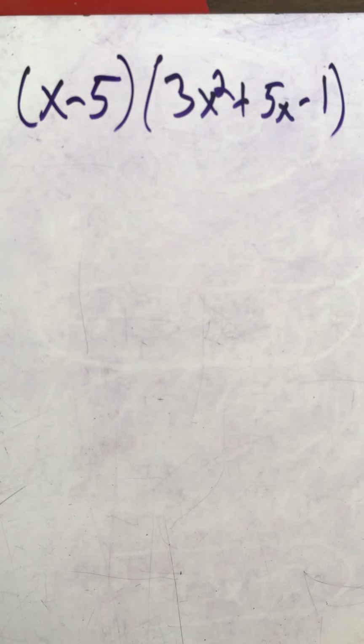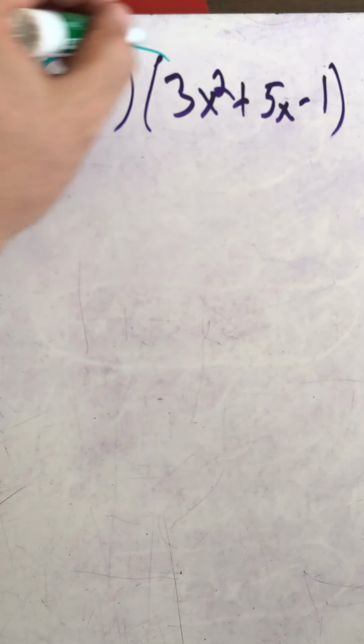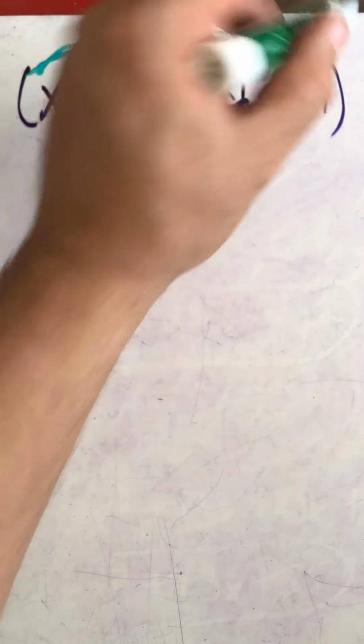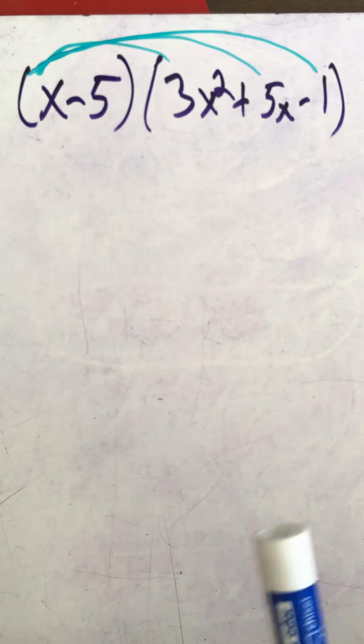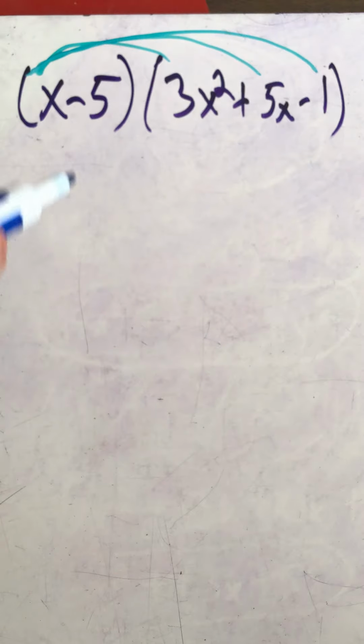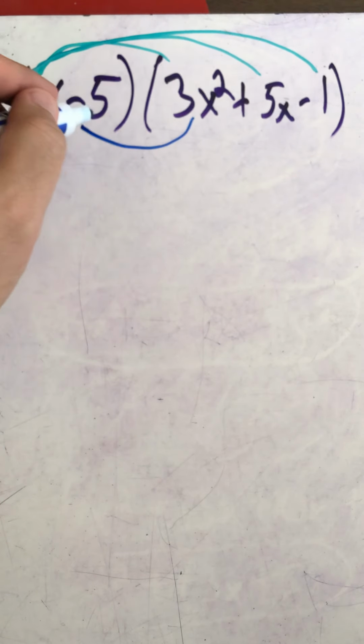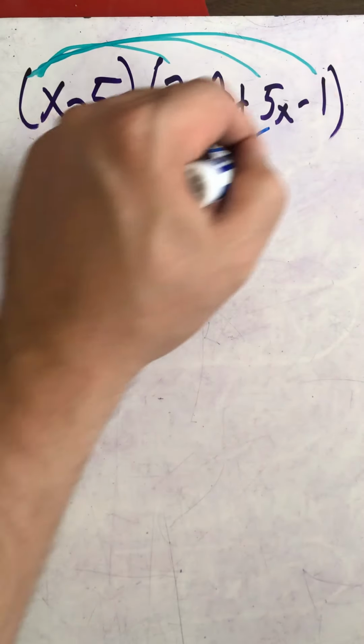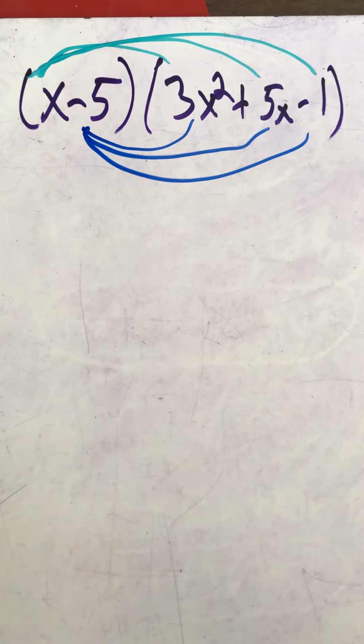In order to multiply these, we are going to have to distribute. Okay, so this x is going to be times everything. Now there are 3 terms in the second set of parentheses, so we have to multiply it to all 3. This minus 5 is going to be multiplied by everything. Again, there are 3 terms. We're going to multiply it by all 3.